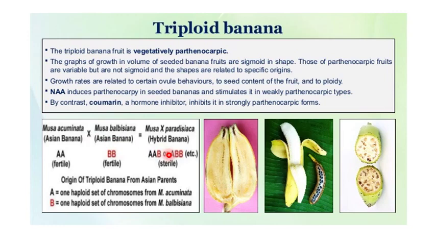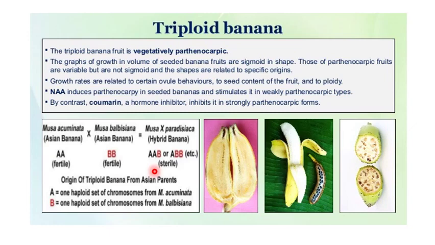By crossing these two Asian species or varieties, the hybrid banana is formed, which is Musa paradisiaca. The triploid banana originates from these hybrid varieties, in which one variety gives one haploid set of chromosomes from Musa acuminata, while the hybrid banana gives one haploid set of chromosomes from Musa balbisiana.